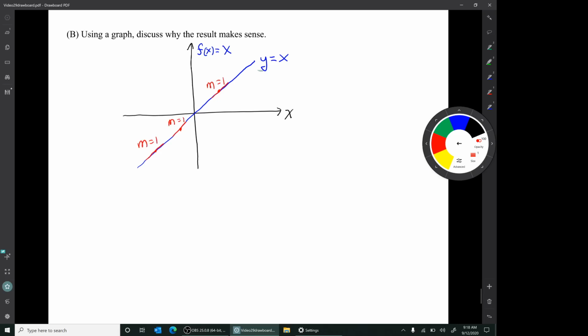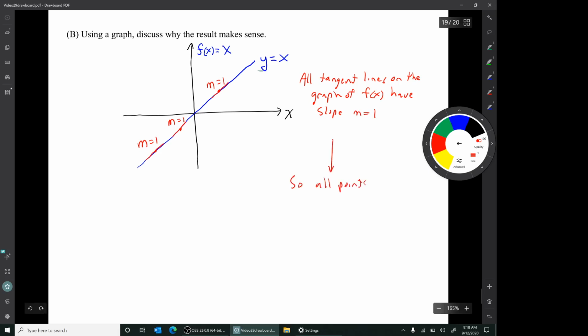All of the tangent lines on the graph of f of x have slope m equals 1. And that fact tells us that all of the points on the graph of f prime of x have y value of 1. Because remember, the value of the derivative is equal to the number that's the slope of the graph of f of x.